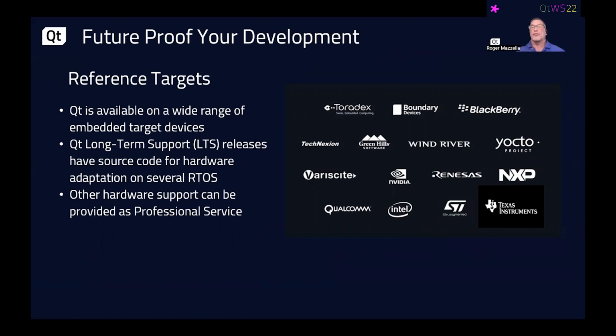So as you're planning your roadmap, as you're planning your product evolution, you're not bound to the initial design that you do today. With Qt, you can future-proof your device because whatever technology choices you make in the future, whether it be operating systems, or different types of hardware or different platforms, a single code base has you covered, right? So you do not have to worry about recoding the UI, UX or the user experience. Whatever you develop in Qt does not have to be recoded.